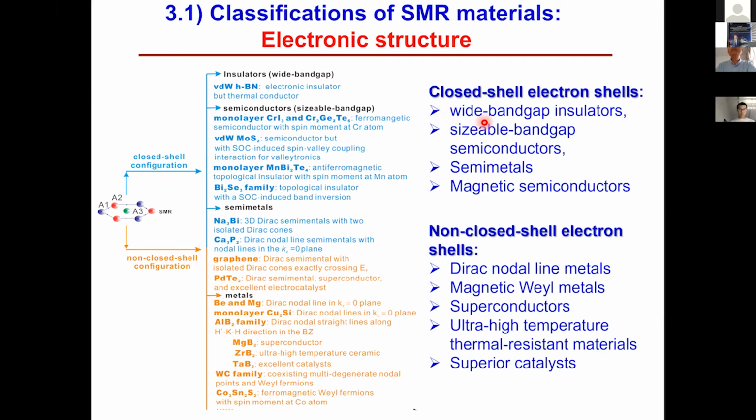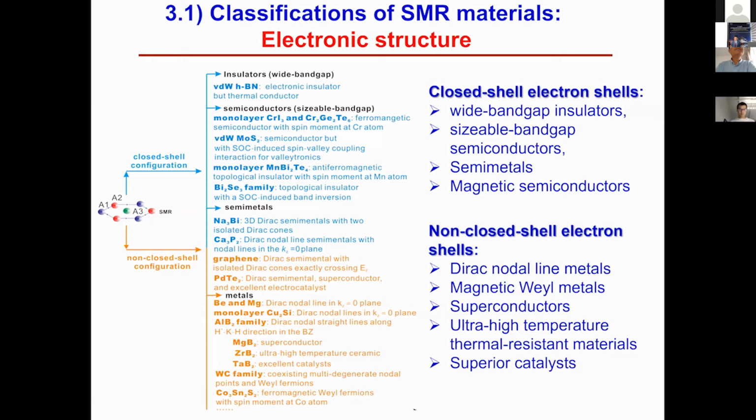We can have materials with very large band gap, and also control the band gap and the magnetic properties. For the non-closed shell electron shells, we can have Dirac nodal lines and magnetic Weyl phenomena, and even superconductors. And we can also have ultra high temperature thermoresistance and super catalytic properties.